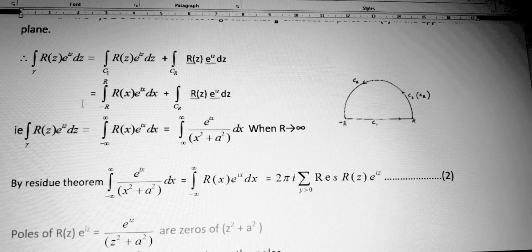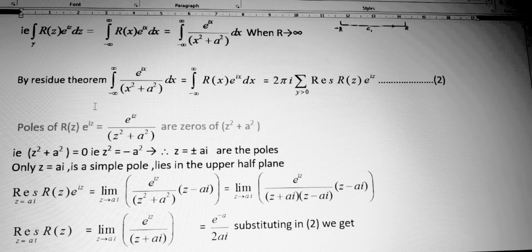So this becomes the integral from minus infinity to infinity of R of x into e raised to ix dx plus this integral over CR, which is 0 as we know from the theory, which is equal to the integral from minus infinity to infinity of R of x, which is 1 by x square plus a square, into e raised to ix dx.